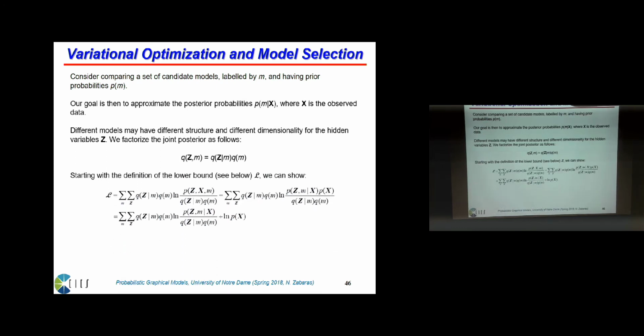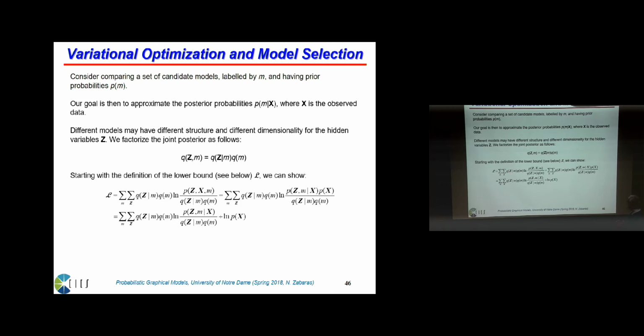Let's do some trivial calculations to see how this whole thing comes together as an approximation to the log likelihood, without any discussion of models there. What I have done is use the definition of the lower bound. The lower bound, you remember, was the expectation with respect to the latent variables, and in this case the latent variables are really Z and M. They are both unknowns.